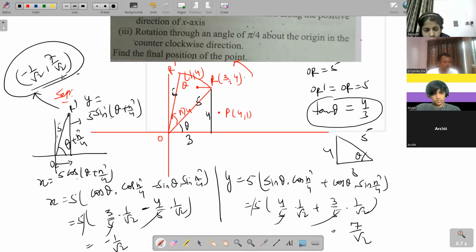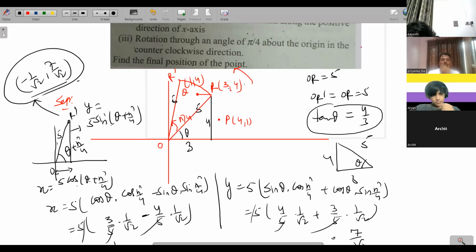Understood? Everyone understood? No doubts, right? Okay, note it down.